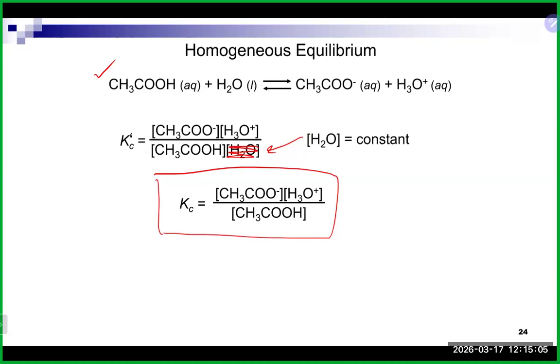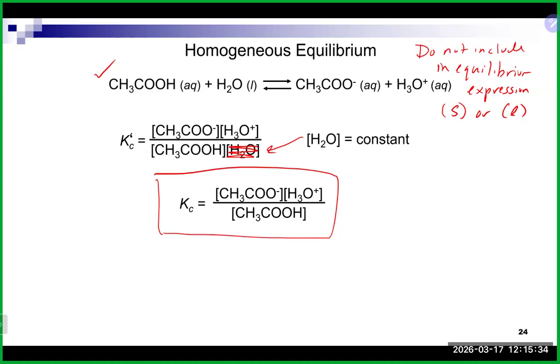I'm going to just preview and talk about the other thing that really doesn't change, and we'll see it in just a bit, but it is actually things that are solids. So the two things that you typically do not include in the equilibrium expression is anything that's a solid or a liquid.